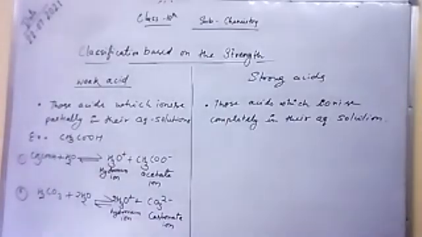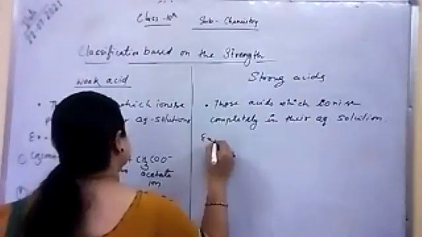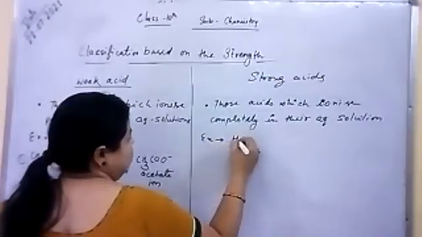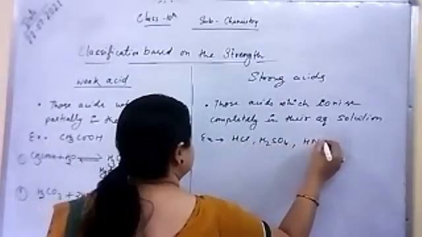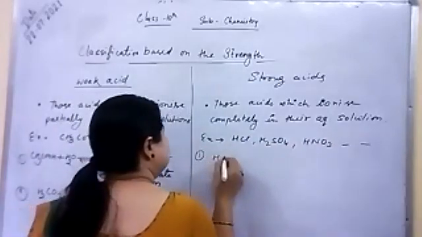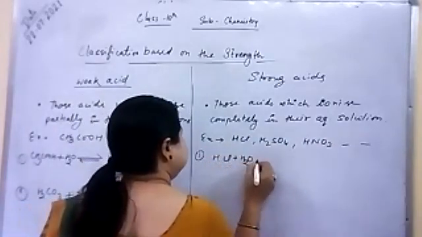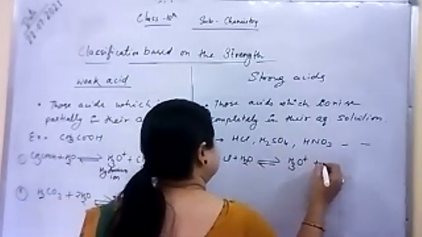Now, let's see the examples of strong acids. So there are some examples like HCl, H2SO4, HNO3, etc. For HCl, when it will ionize in presence of H2O, it will form H3O+ and Cl-.